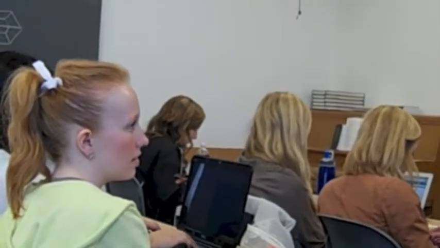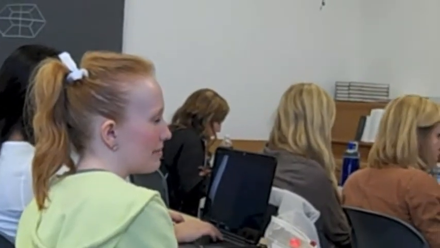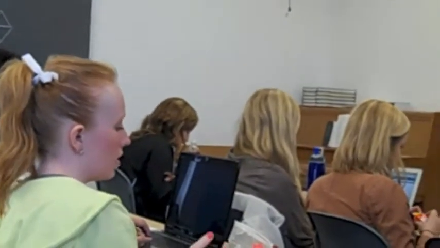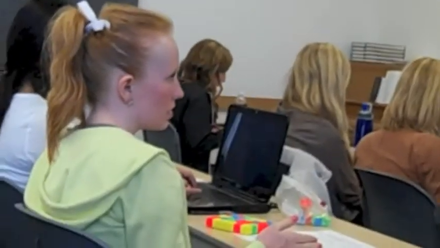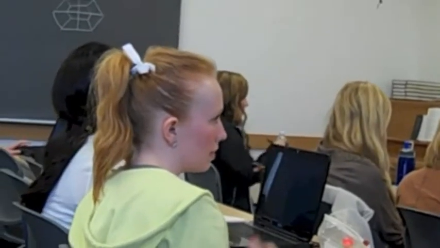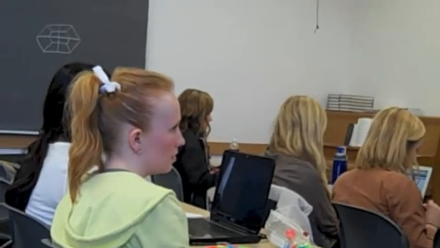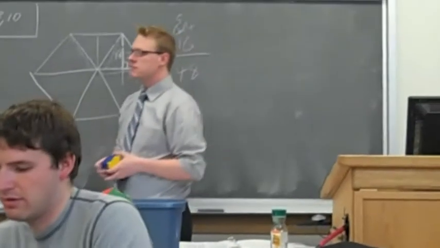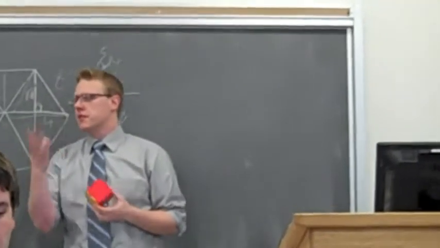Like sides? I can't remember. The total number of edges, the total number of vertices, the total number of faces. That has something to do with the net. What is the physical definition of a net?